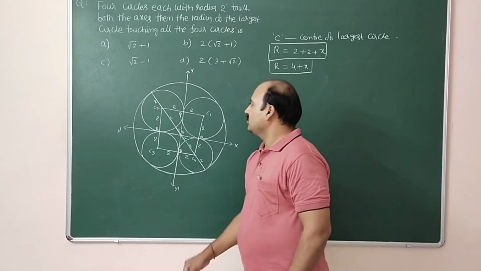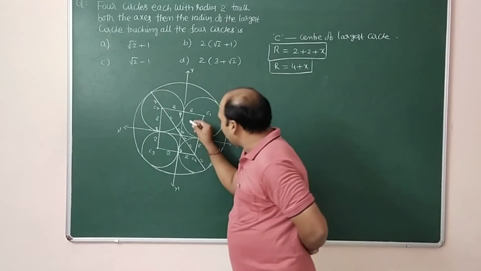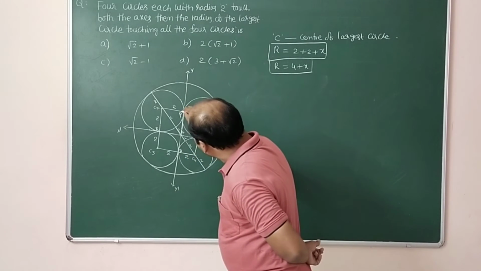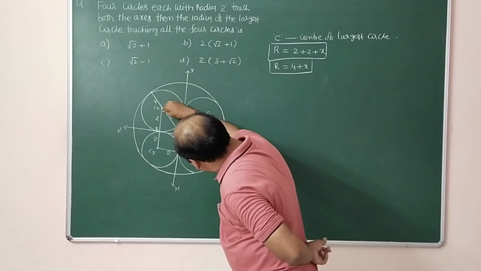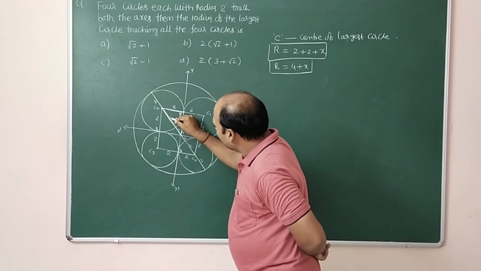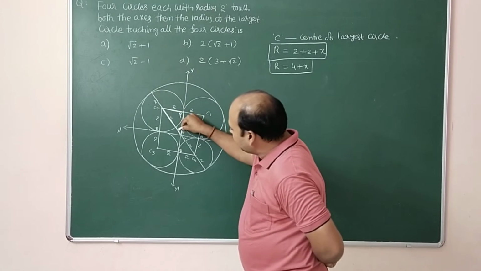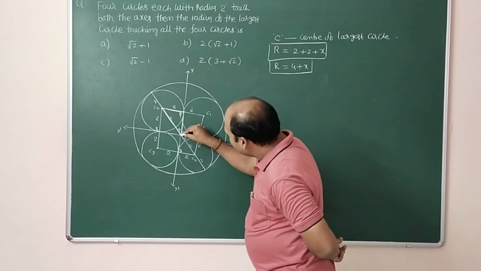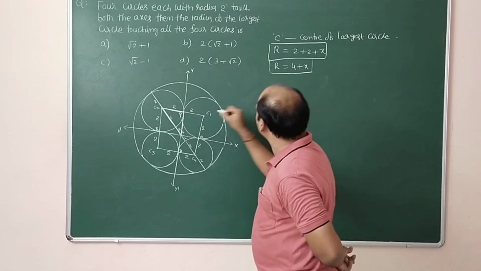After that, we need to calculate the radius of the largest circle. From the figure, PC2, 2 plus x, 2 plus x, this is the hypotenuse of a right triangle, CP and PC2.